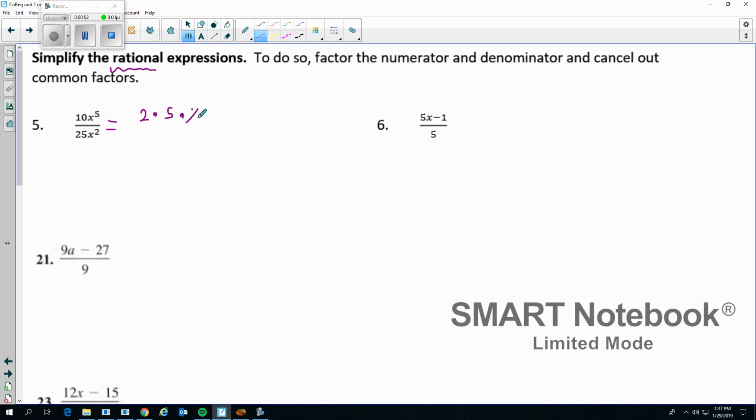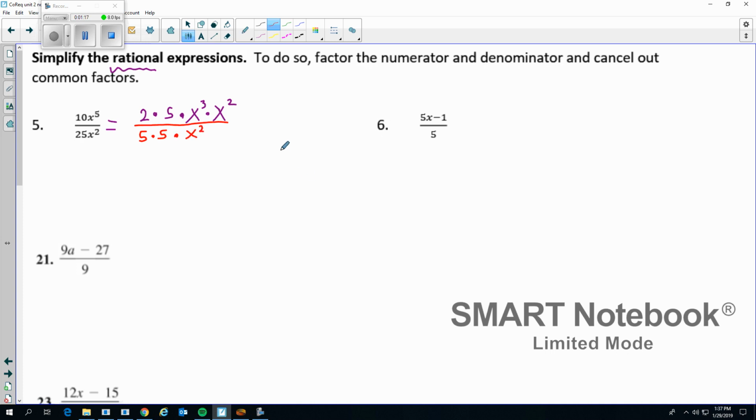I'm going to break that into x to the third times x to the second power. That's the same thing as x to the fifth power. If I use the product rule, it would go right back to x to the fifth. You'll see why I'm doing that in a second. On bottom, 25 we could break up into 5 times 5, and then I do have that x squared right there.